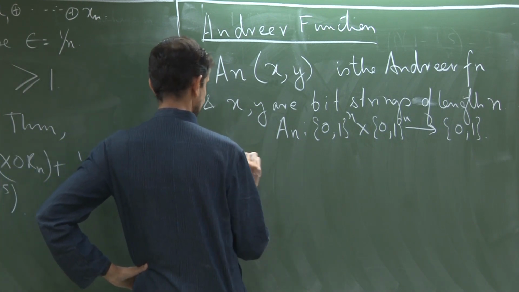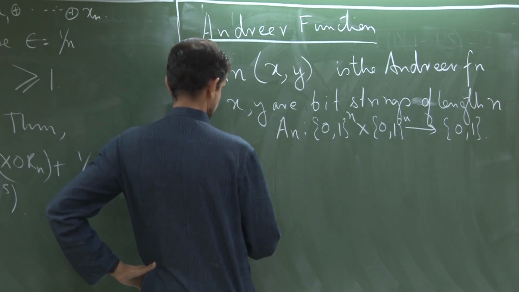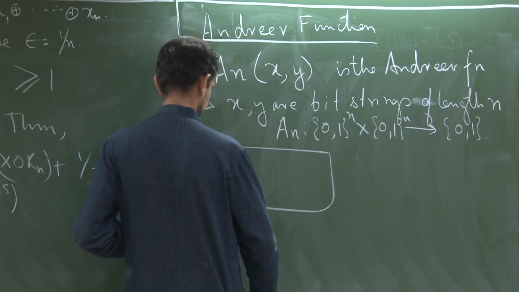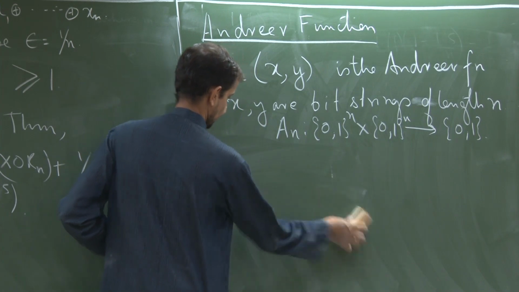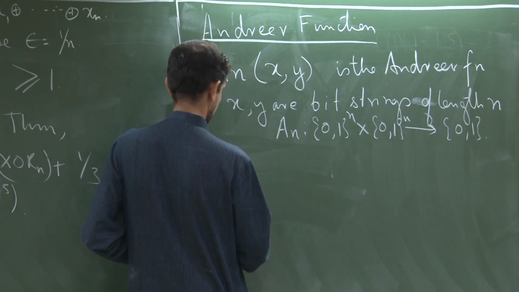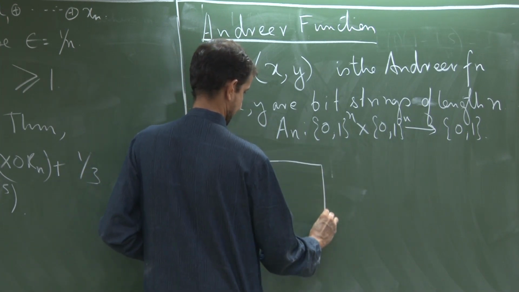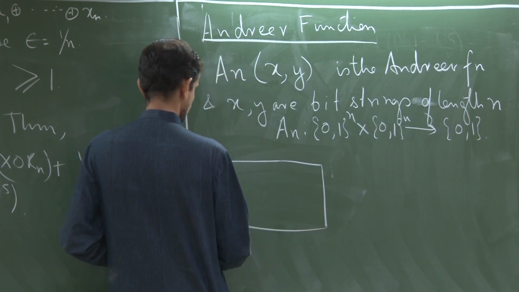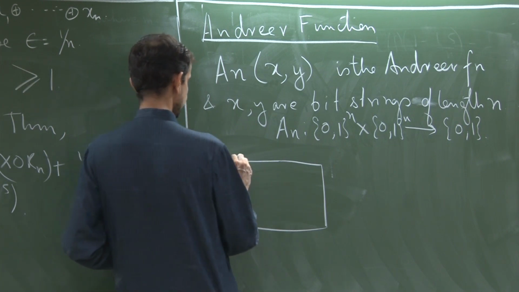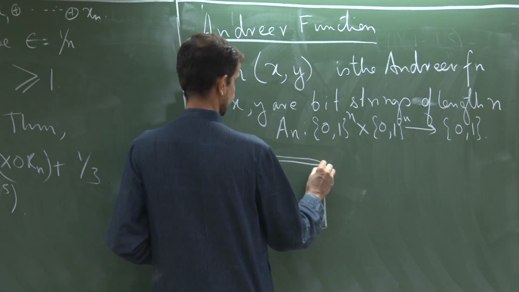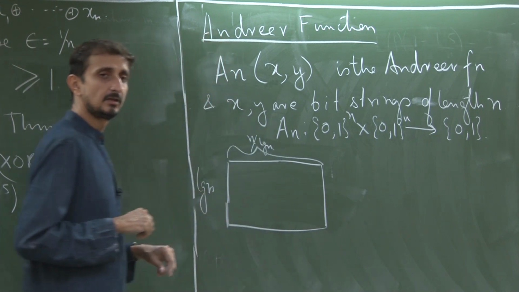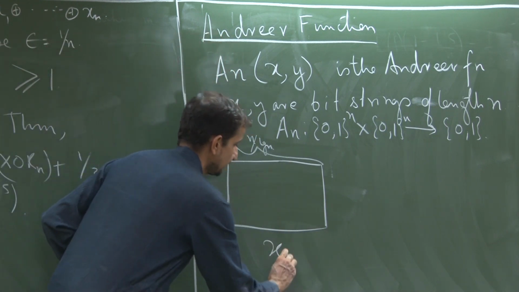So, I will have log n many rows and n by log n many columns. So, this is my variable x.